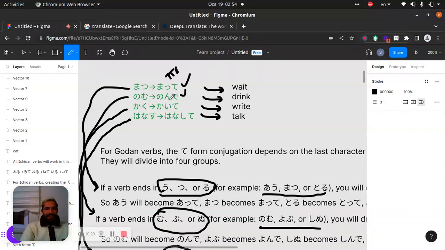It will be nde, like de, right? It means something like and then.